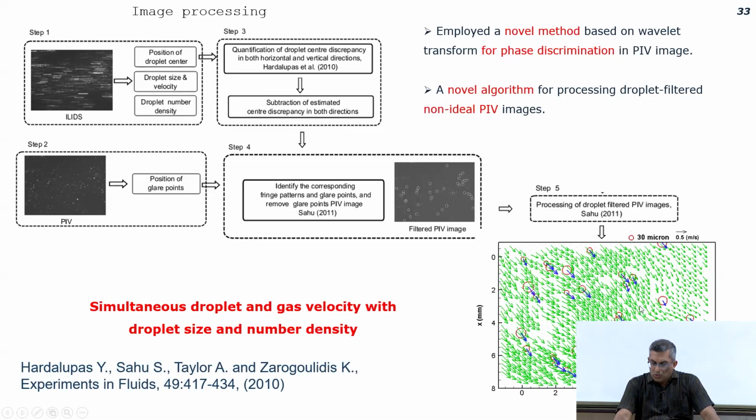You also know the flow velocity, or carrier phase flow velocity, around the particles. You have all this information at any instant of time, and you capture several images. So you have many realizations which you can use to calculate vital statistics.